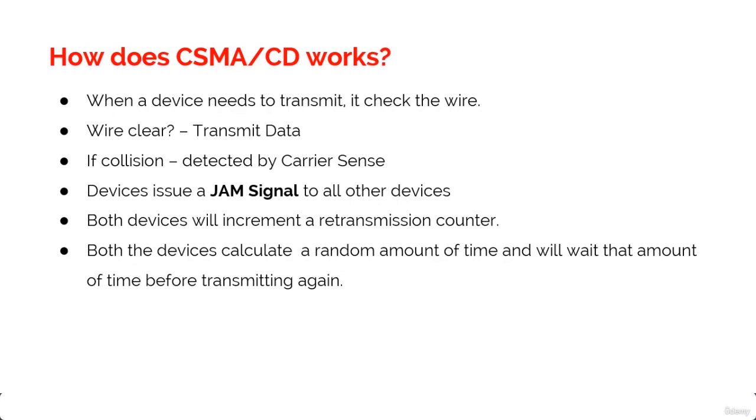Then the two computers that were involved in the collision will both wait a random amount of time, that is a random backoff algorithm, and the counters will decrement to 0. So instead of using a random backoff algorithm every time a transmission occurs, Ethernet uses its ability to detect collisions and uses this timer only when required, which makes the process more efficient.